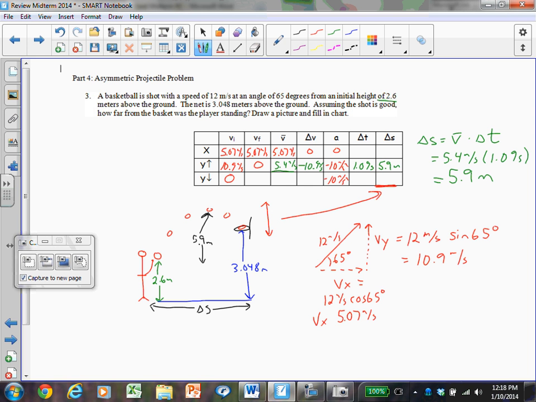That's 8.5 meters high. And then subtract 3.048. We get 5.452 meters it's going to fall. Or let's just say 5.5 meters down. Does that make sense? 5.5 meters.